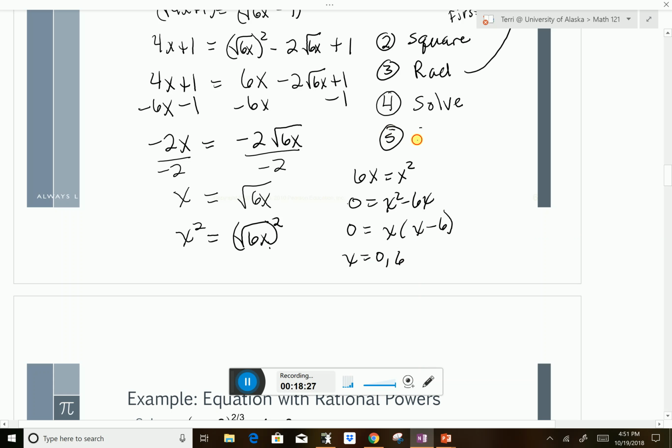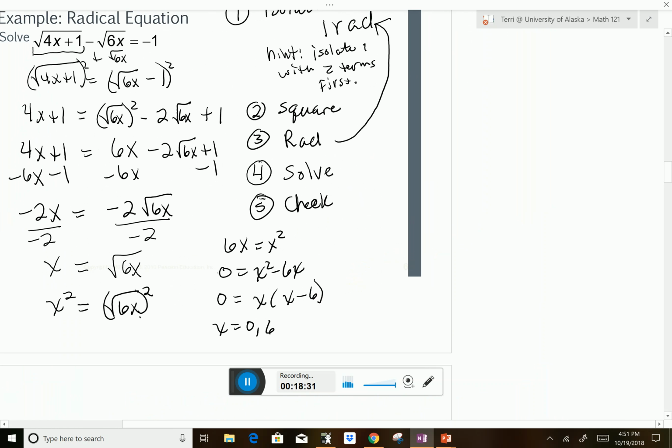And then, of course, we check. So let's check these two answers. We have the square root of 4 times 0 plus 1 minus the square root of 6 times 0 equals negative 1. So this is the square root of 1 minus the square root of 0 equals negative 1. 1 minus 0 equals negative 1?